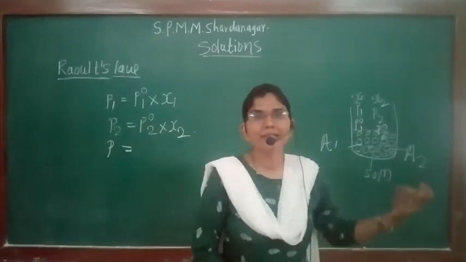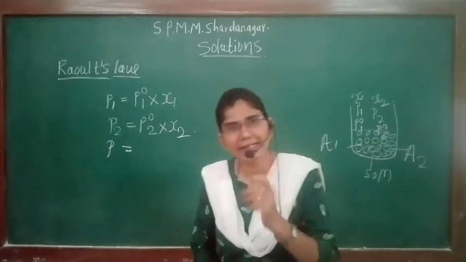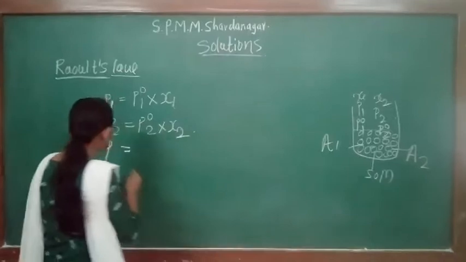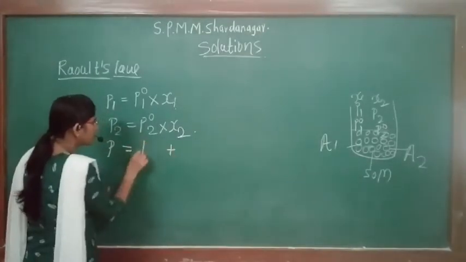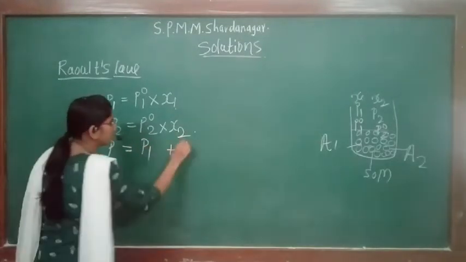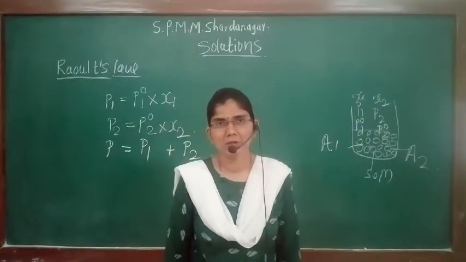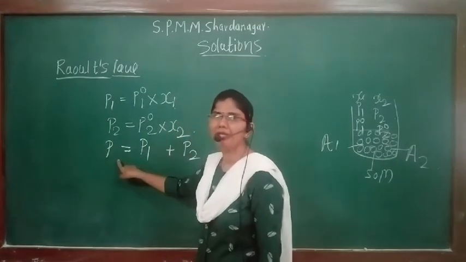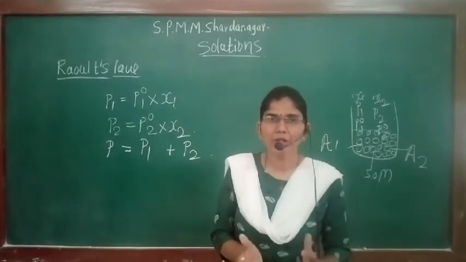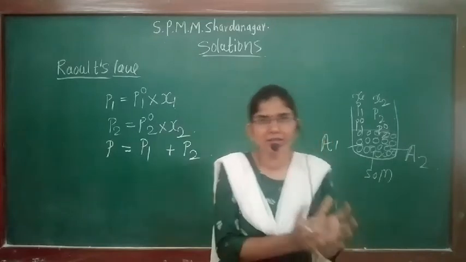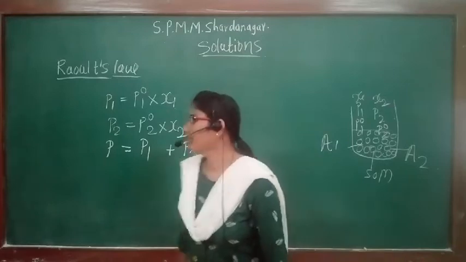Therefore, in this solution with two volatile components A1 and A2, the total pressure P is equal to the partial pressure due to the first component plus the partial pressure due to the second component.